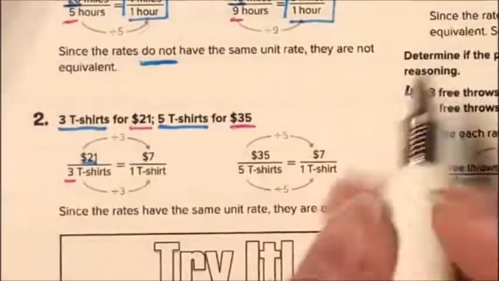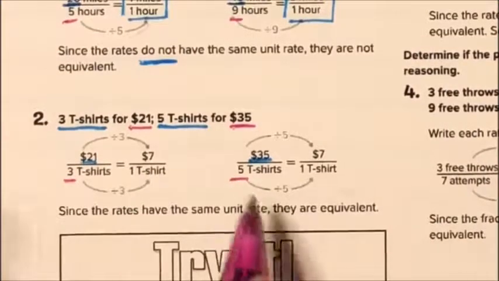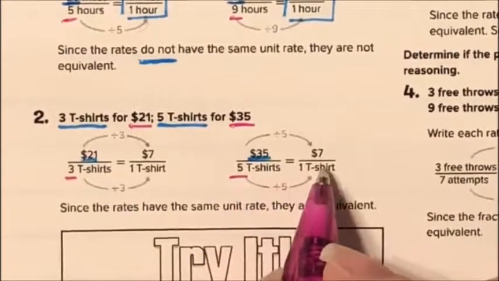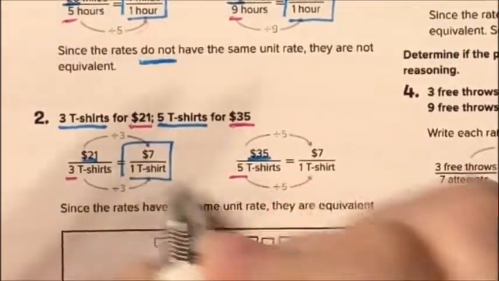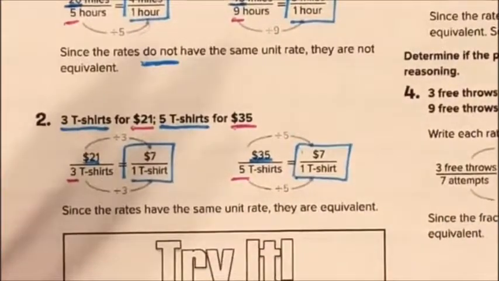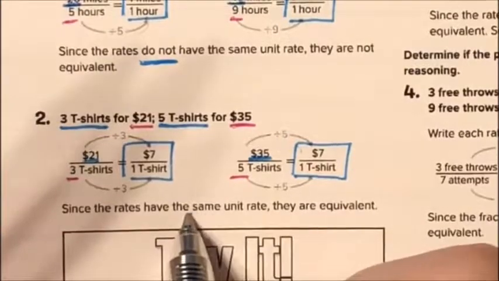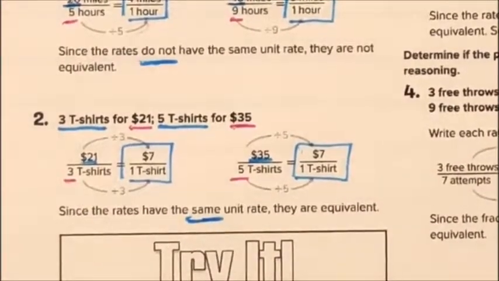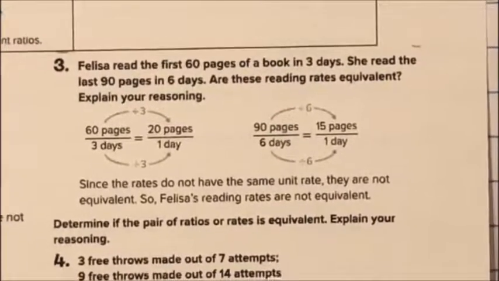Okay, look at the next one. 35 and 5. 5 divided by 5 gives me 1. 35 divided by 5 gives me 7. Notice that these are the same. So since the rates have the same unit rate, they are equivalent.